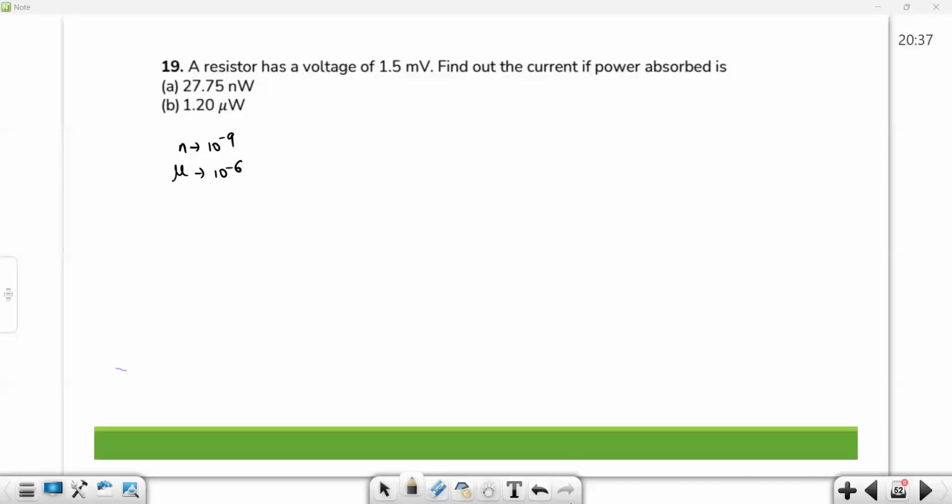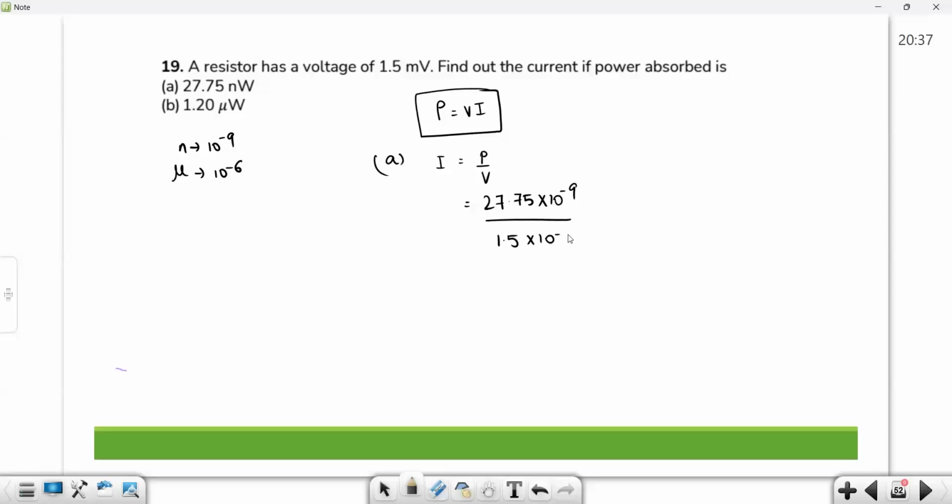See. P is equal to VI. You all know this formula. And he is asking current and power is given, voltage is given. I is equal to P by V. This is for A. 27.75 into 10 power minus 9 by 1.5 into 10 power minus 3.